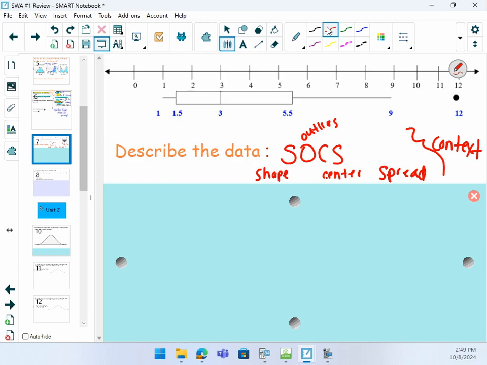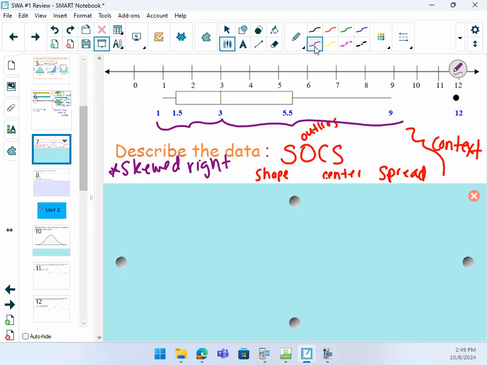But take a moment. Can you describe what the shape, the center, and the spread are? If I was describing this one, I would say that the shape seems to be skewed to the right. This half of the data seems more spread out than this half. So I would say the data is skewed right. I would also say over here, there is an outlier at 12.